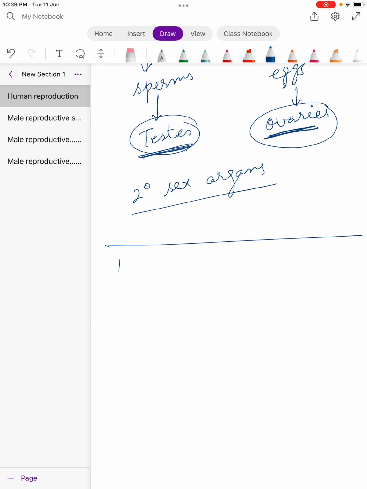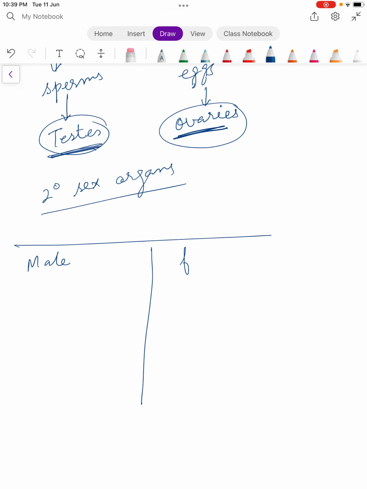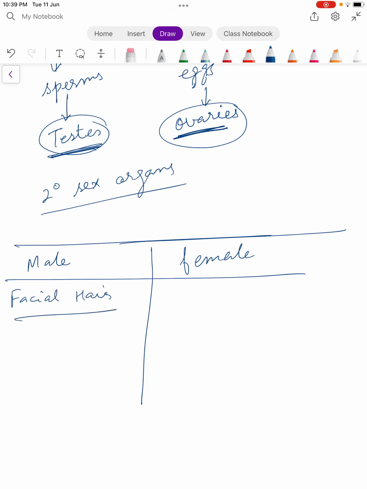Here I can write male, here is the female. The first thing is facial hair. In male, the facial hairs are present, whereas in females, the facial hairs, that is beard and mustaches, are absent.